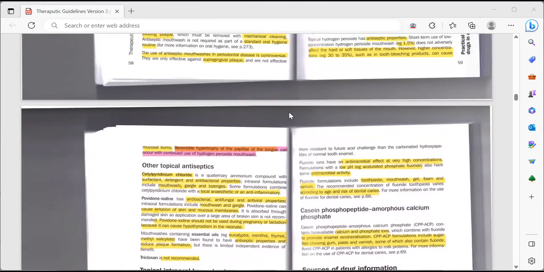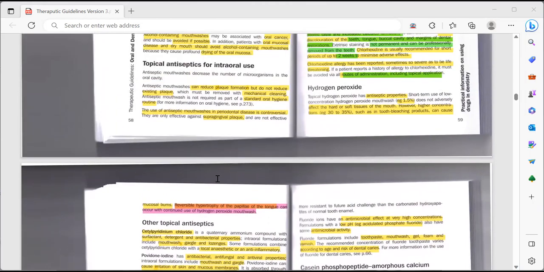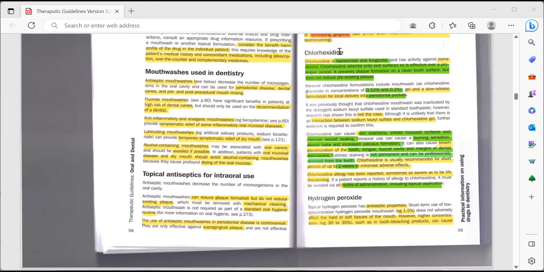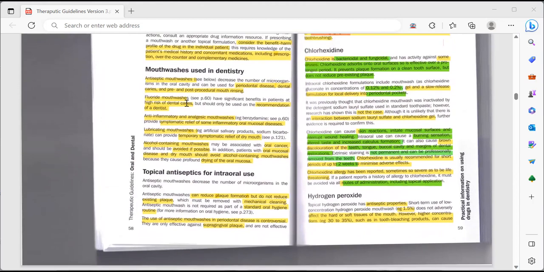Okay, so these are the types of antiseptics which are used in dentistry, but more likely we are prescribing chlorhexidine, and in necrotizing ulcerative gingivitis we can also prescribe hydrogen peroxide or chlorhexidine. It's your choice.